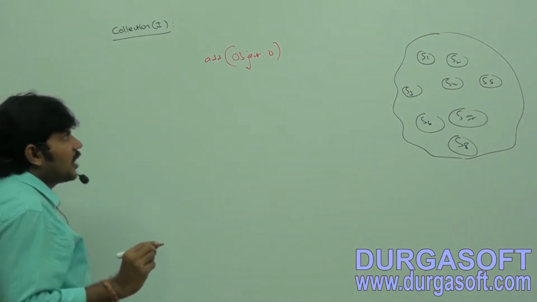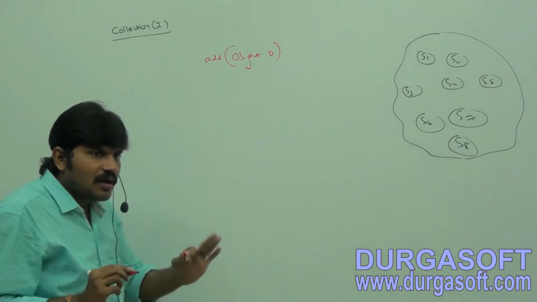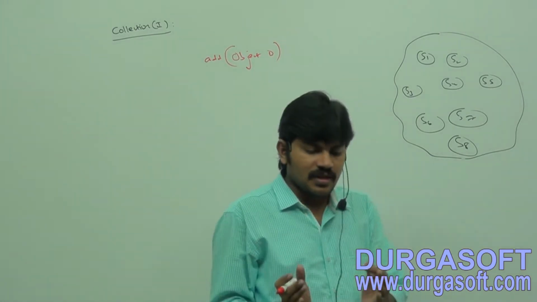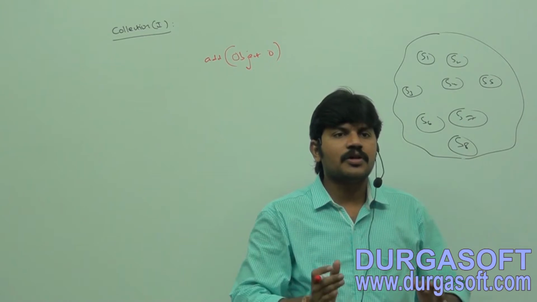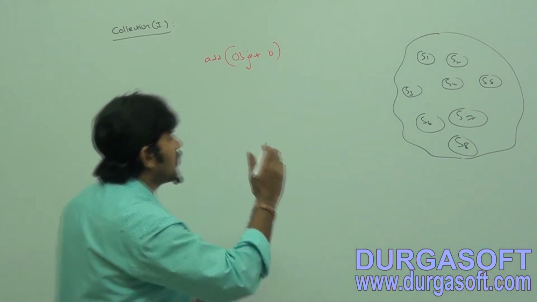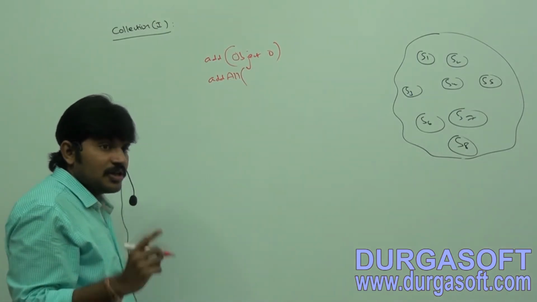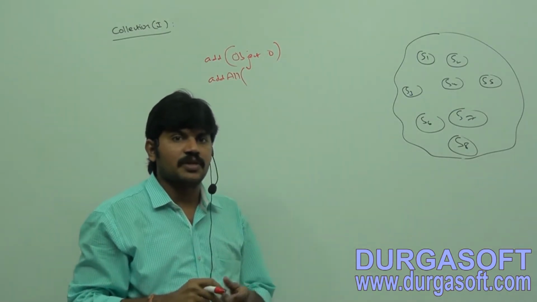Similarly, sir, I don't want to add one object, I want to add these 10 objects to the collection, a group of objects. Then which method do we have to call? addAll. A group of objects is once again a collection only.